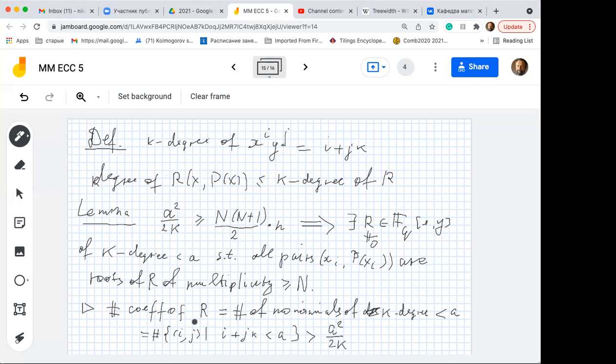So in our system we have more than A squared over 2k variables.